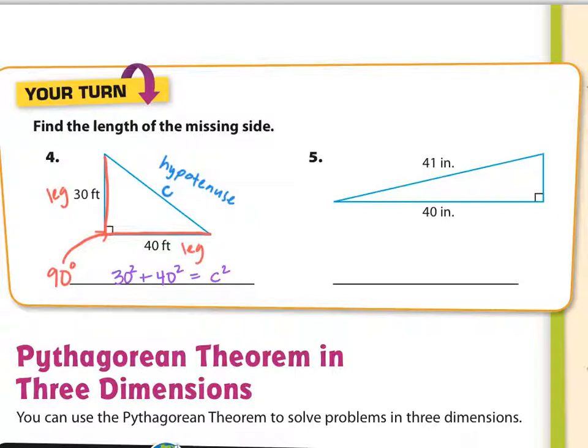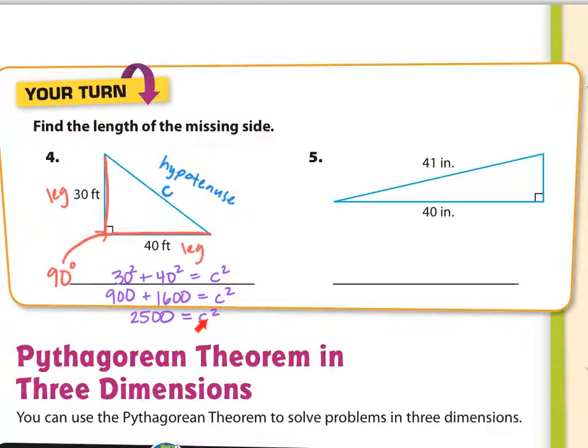Make sure you don't just multiply by 2, you square it, and that is 900. 40 squared is 40 times 40, which is 1,600. Definitely use your calculators. 900 plus 1,600 is 2,500, equals C squared. C squared is C times itself.